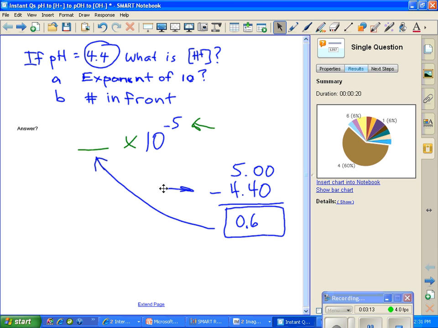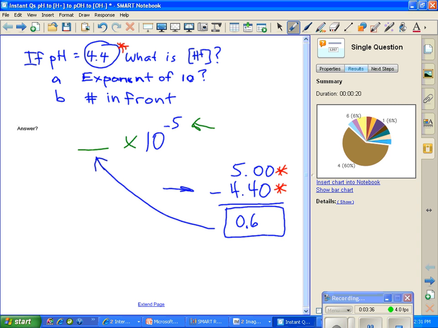Now, let's make sure we understand something. I think a lot of you haven't got this clear in your heads yet, so let's see if we can get it cleared up. This is a logarithm. It's not a normal number. This guy is also a logarithm. We started out here with a logarithm.